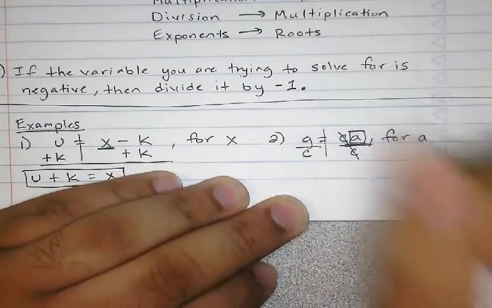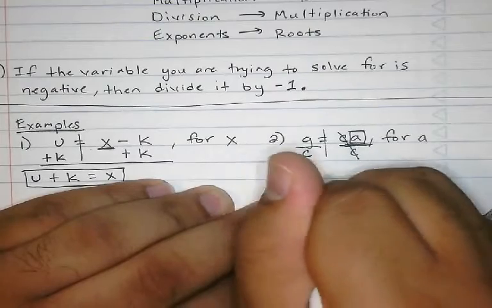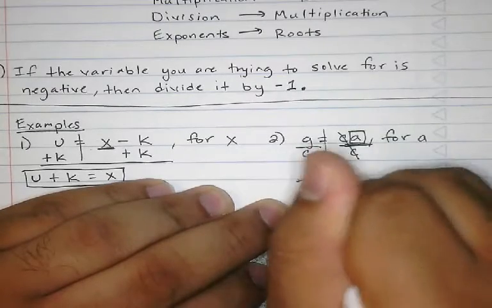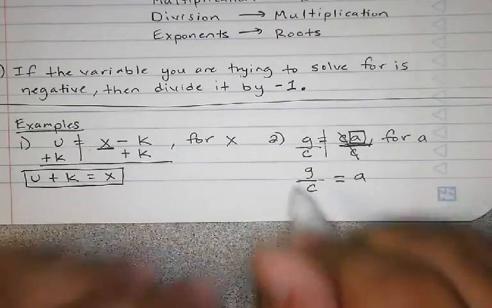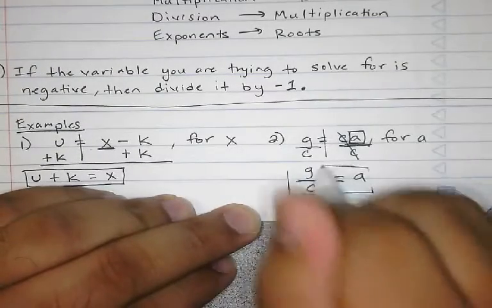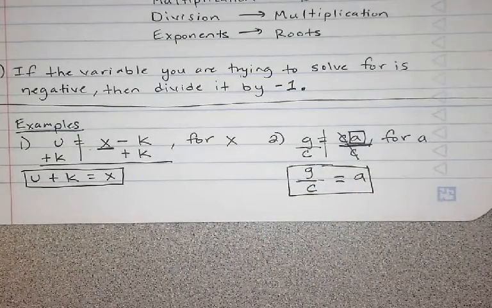So that cancels out, and over here you have G divided by C equals A. It's not a negative A, so that's it. That's all we're doing.